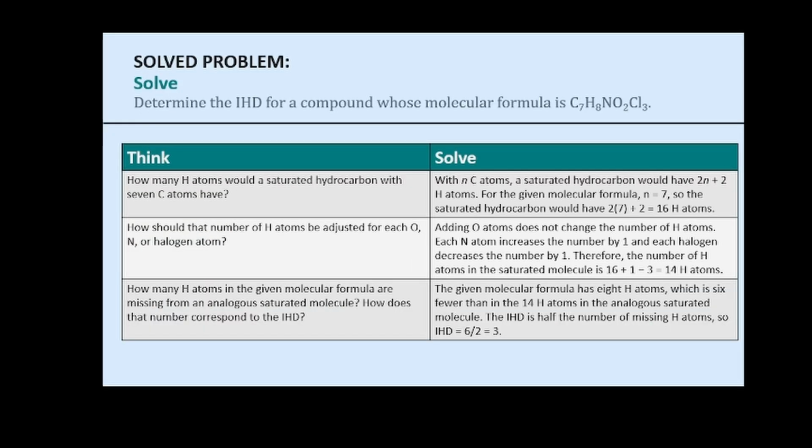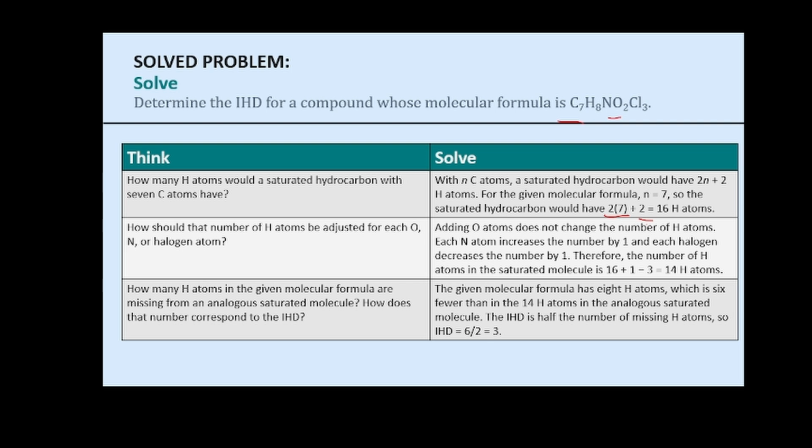So again, we count up our number of carbons, right? So that's 7 carbons. The saturated one would have what? 2 times 7. And then we would add 2 to that normally from the carbons, right? So our saturated one would be 2 times 7 plus 2 for just the carbons. Now we need to look at the nitrogens and oxygens and chlorine, okay?